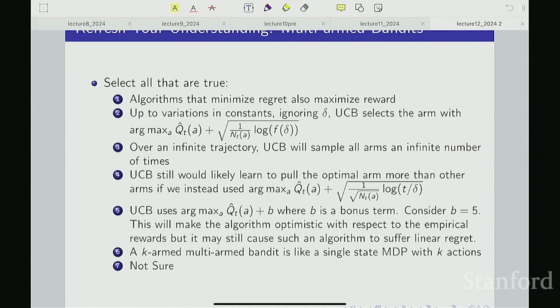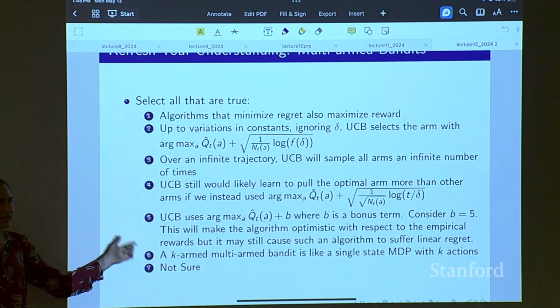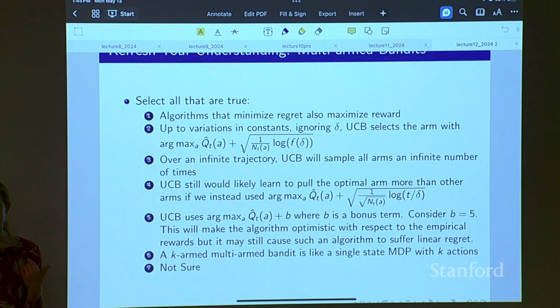Just the empirical rewards, so compared to your empirical mean. I'm not trying to make it a trick question. Yes, exactly. If you just add 20 to your empirical estimate, it will be optimistic with respect to your empirical estimate. But is it guaranteed to be optimistic with respect to your true mean?